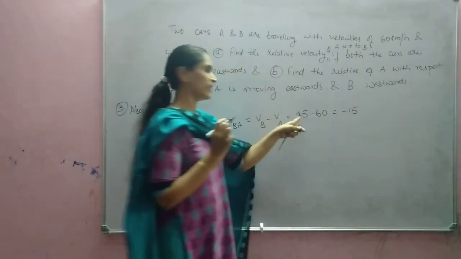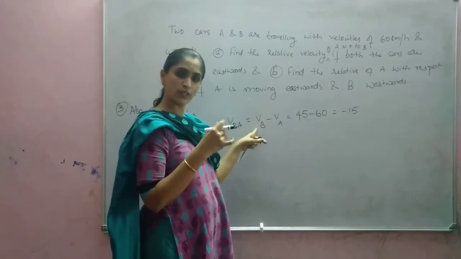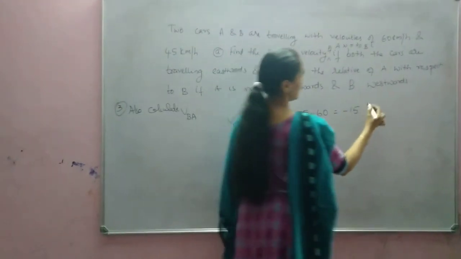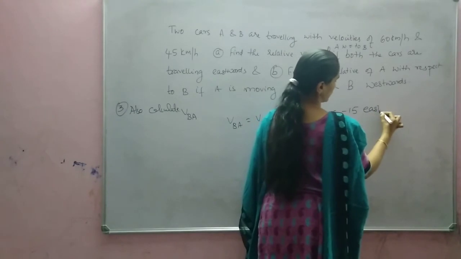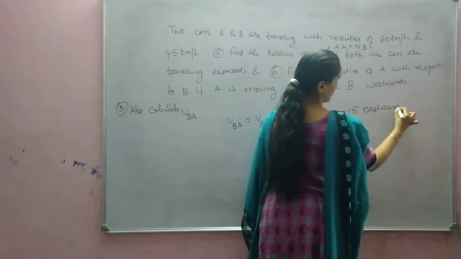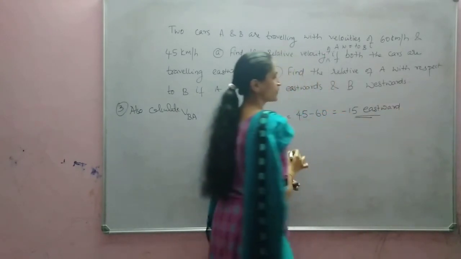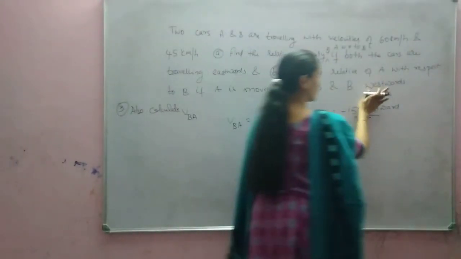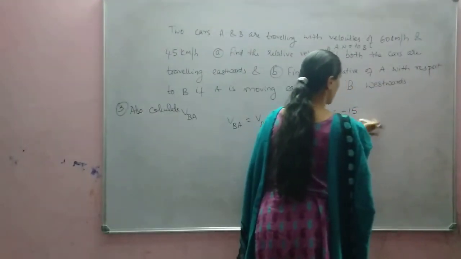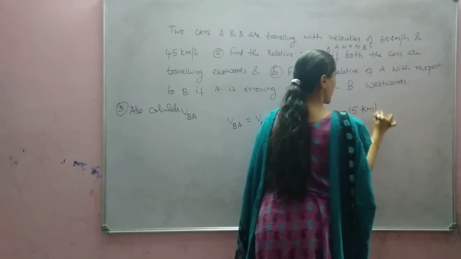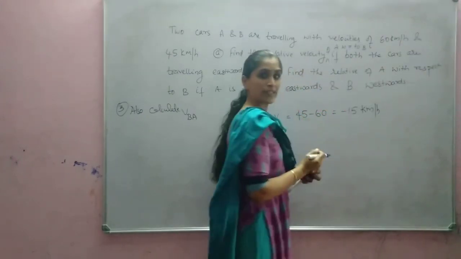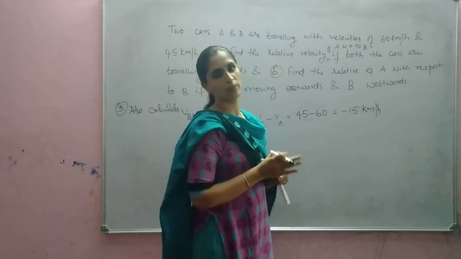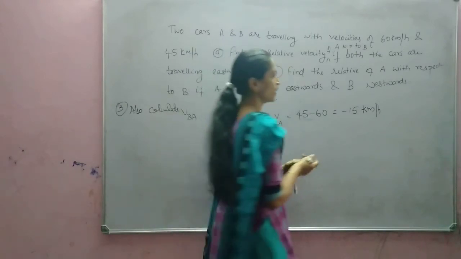Here we consider the direction of velocity of B as positive, you got it as minus. Minus 15 kilometer per hour westward direction, or in other words we can write plus 15 kilometer per hour eastward direction. Okay.